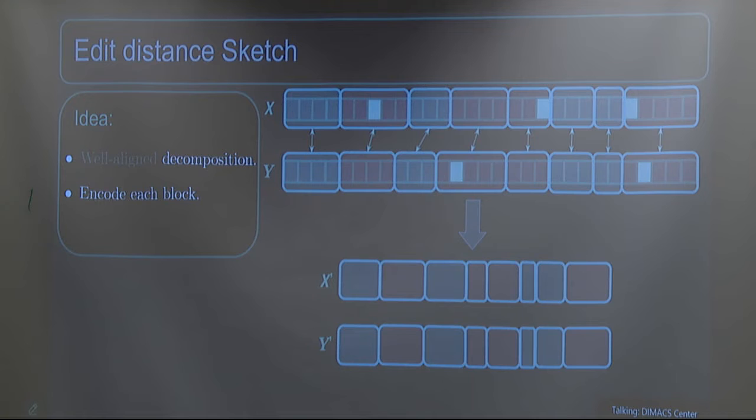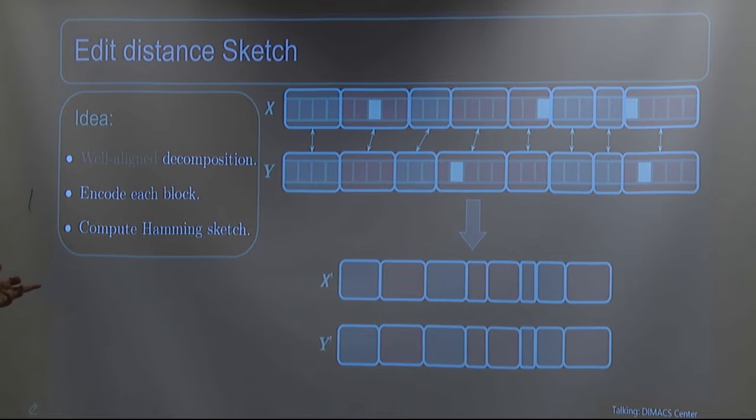If we can do this, then we can use some well-known Hamming sketches to recover all the positions which do not match. There are Hamming sketches of size linear in the number of Hamming operations.